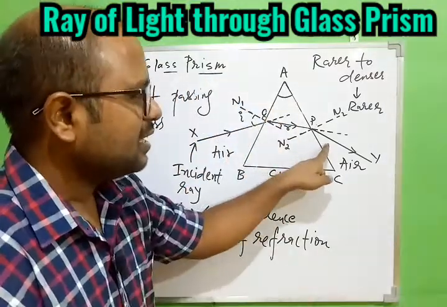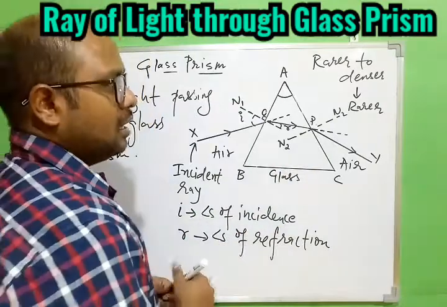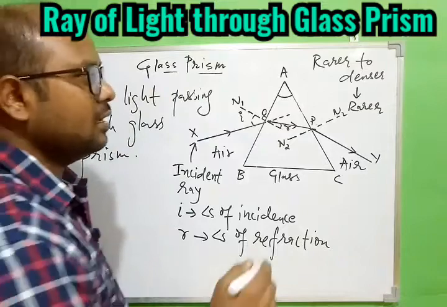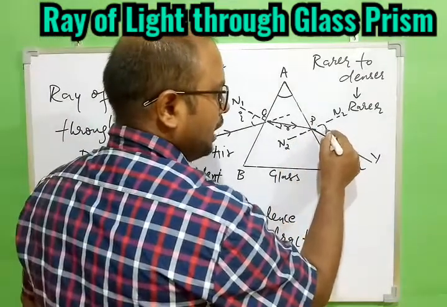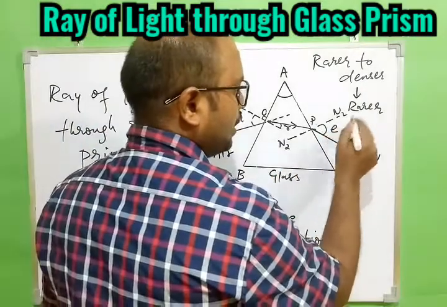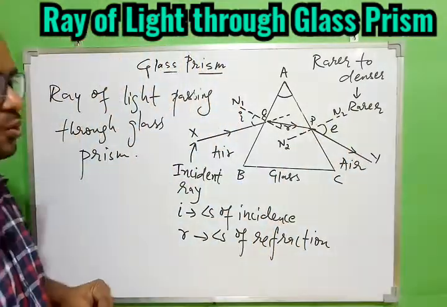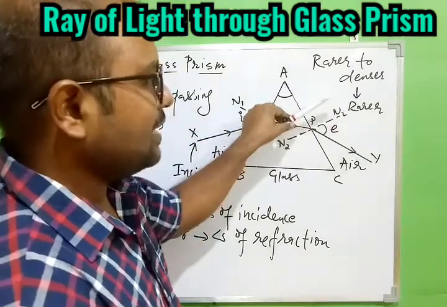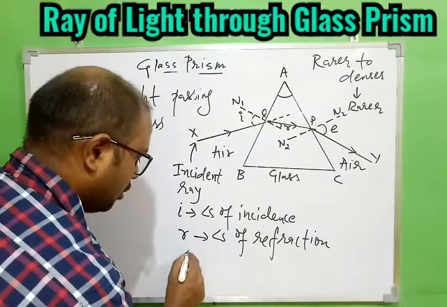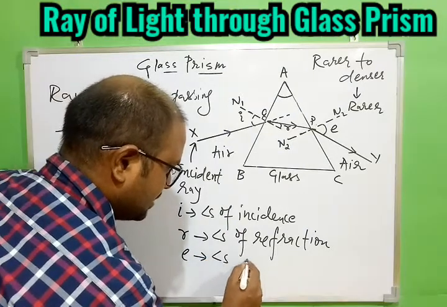And this emergent ray is again making an angle with the second normal, and this angle that you see here is the angle of emergence. So I hope you understood. The emergent ray makes an angle with the second normal, and this angle is called the angle of emergence.